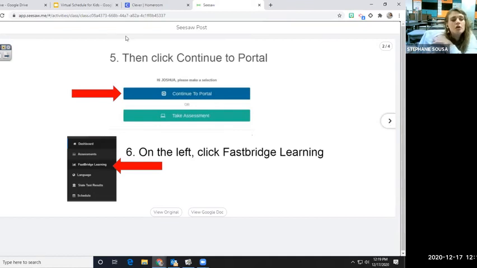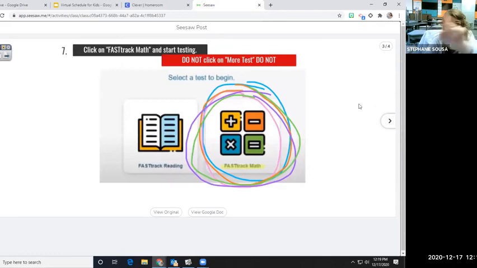You're going to continue to Portal like we did last time. You're going to click on FastBridge like we did last time. Here's where the mistake was. You are not going to click on more tests. Do not. You're just going to click right here where it says Fast Track Math.